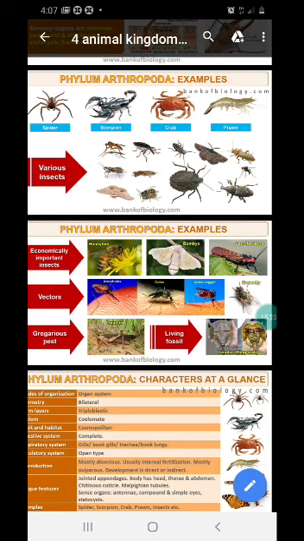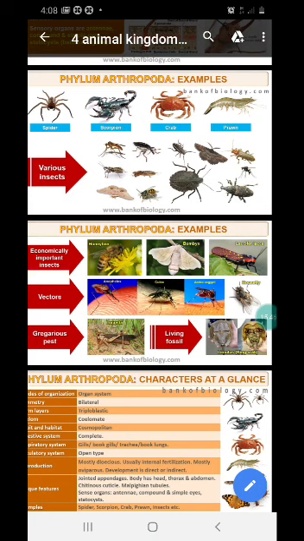Some of the economically important insects are the bees, the moths, and these vectors. Vectors are the different kinds of mosquitoes and flies, which carry disease causing germs to us. And locust, which is a gregarious pest which destroys our crops.